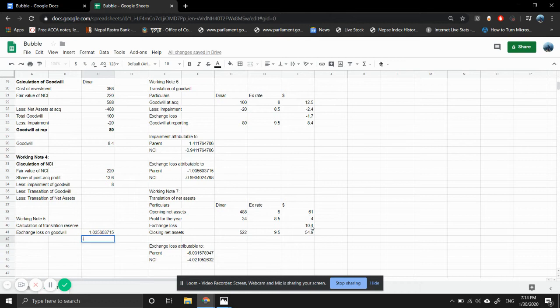So what will be over here is that we will bring the parent's exchange loss on net assets. So total will be this plus this. Right.